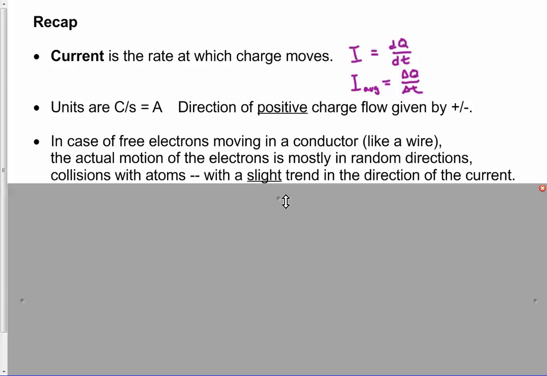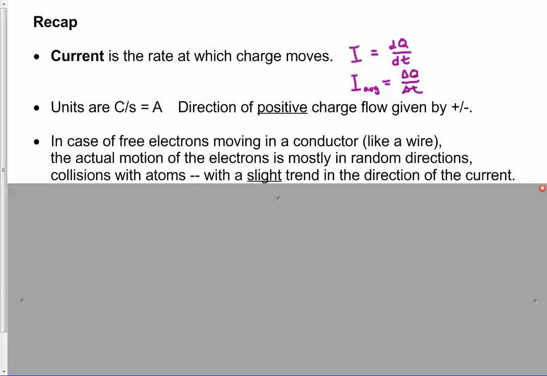And for the most part, that's the majority of the motion of each free electron, just this random bouncing around. But when you do have a current, for whatever reason, some electric field is going to tend to push the electrons in one direction more than the other. That's sort of overlaying a slight trend in the direction of the current.